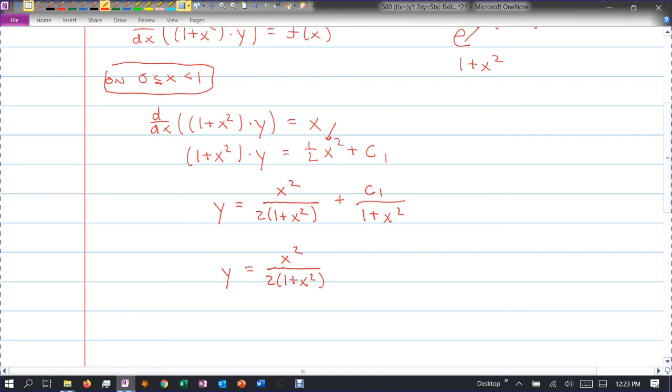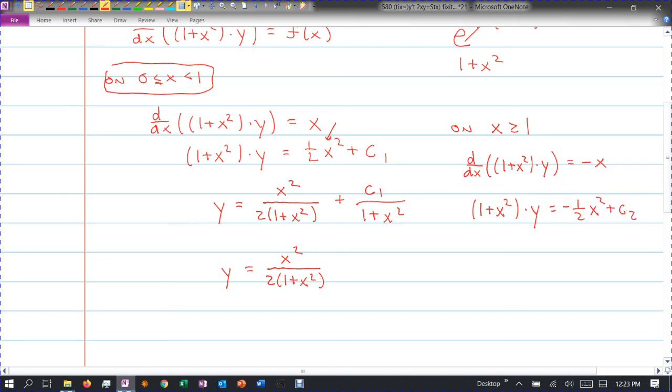Now let's look at x bigger than or equal to 1. On that interval, d/dx of (1 + x²)y must equal −x, because that's what the piecewise function is over there. When we integrate, the only difference is that (1 + x²)y must equal −1/2 x² plus some constant.